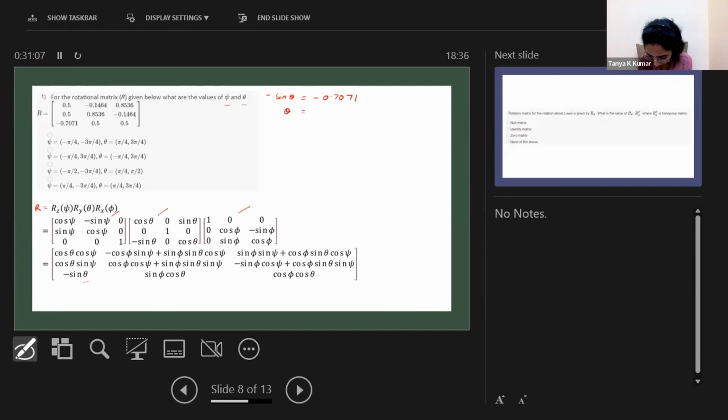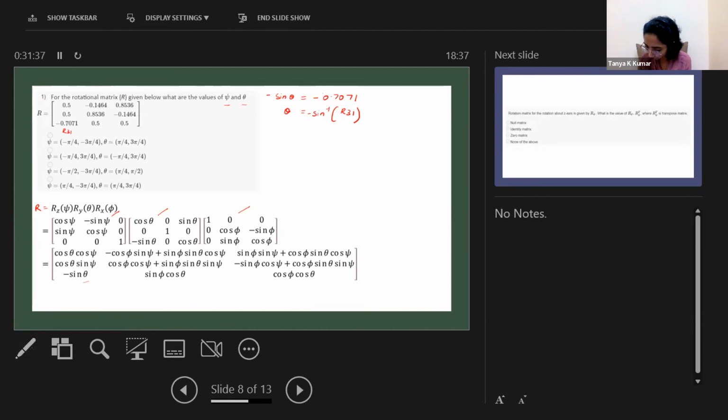This is R31, the third row, first element. So theta is equal to minus sine inverse of R31, the third row, first column.